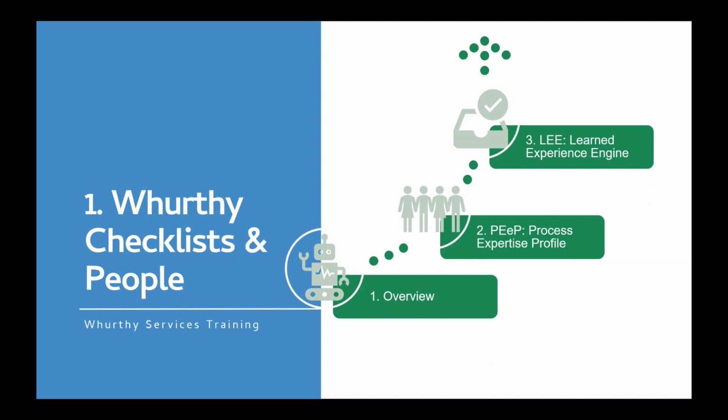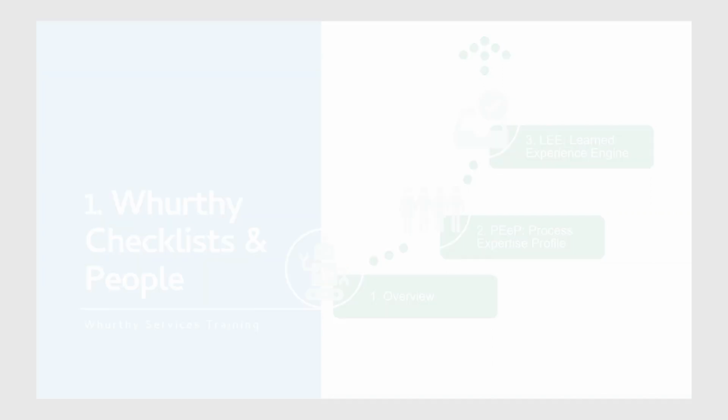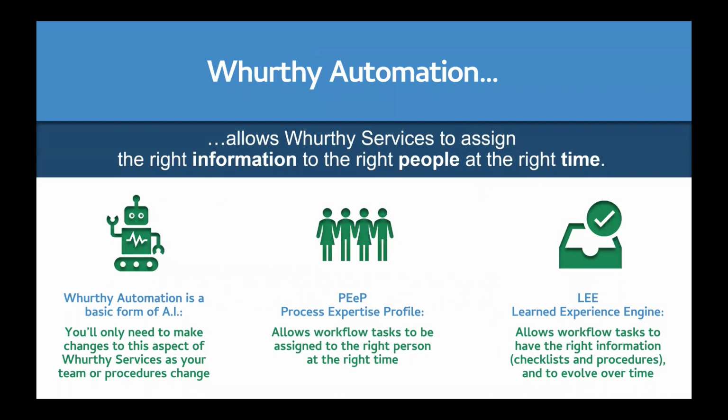But before we take a look, let's have a review. Whurthy automation allows Whurthy services to assign the right information to the right people at the right time. Whurthy automation is a basic form of AI, or artificial intelligence.